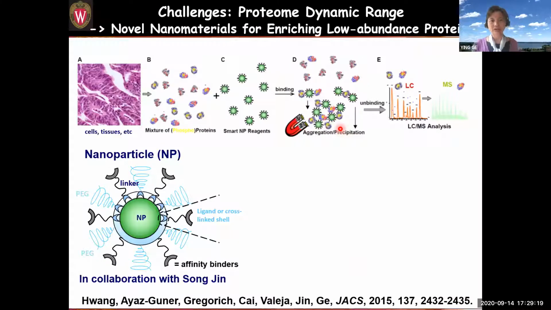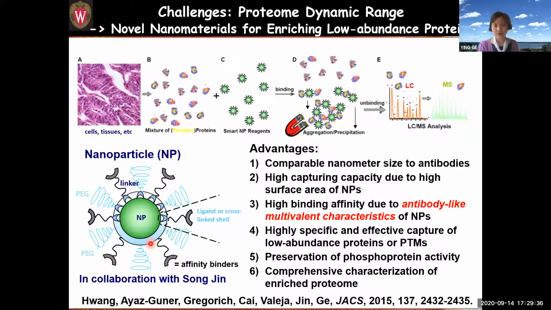Okay, so now getting to another challenge in top-down proteomics is the dynamic range. So we do need to enrich those low abundance proteins. So we have been developing these nanoparticles. The nanoparticles have comparable nanometer size to antibodies.